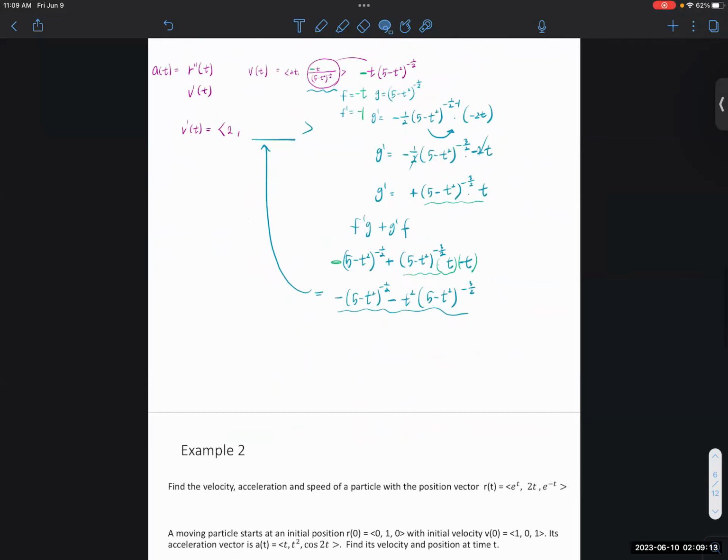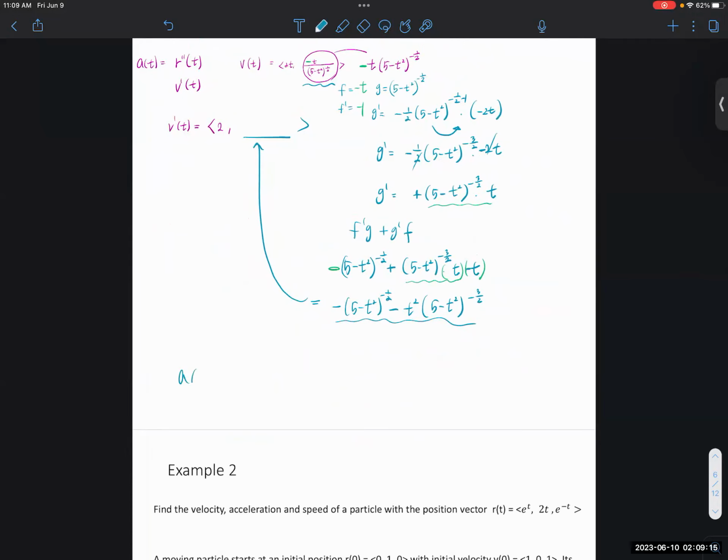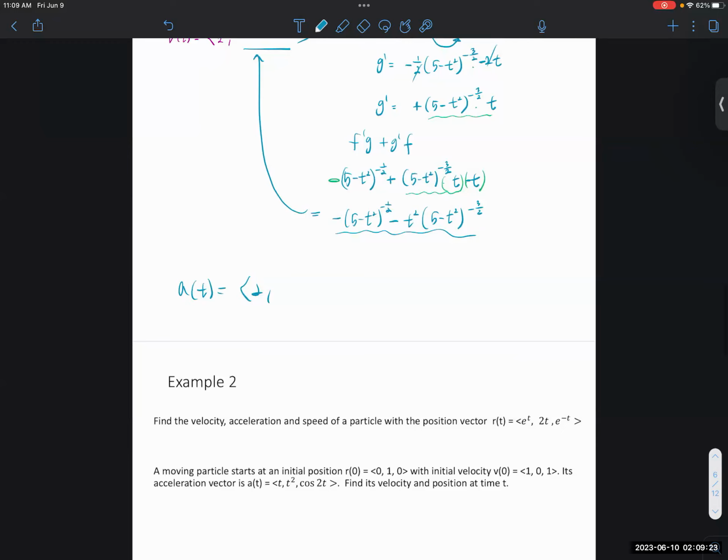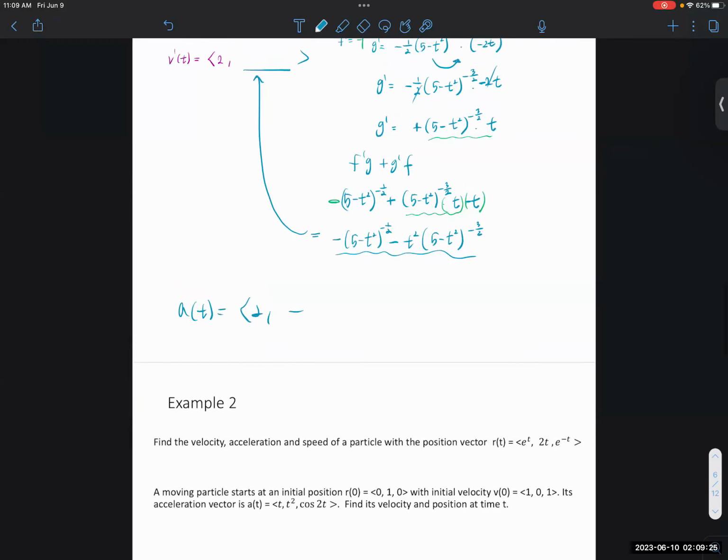So therefore, for the acceleration, we took the derivative of the velocity. I'm going to flip over everything. So you should get the second one, minus.